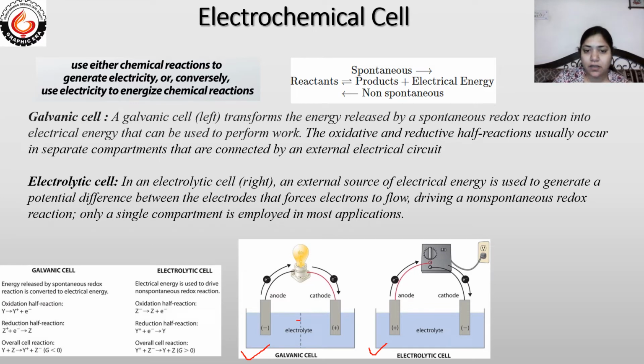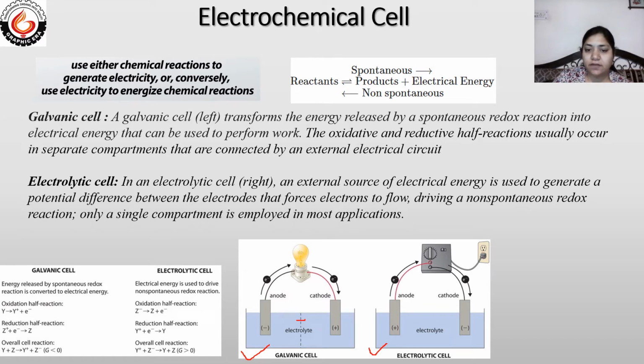Like in this, a semi-permeable membrane is here. In some cases, a salt bridge is there to connect the solutions to complete the circuit only. So we can use either a semi-permeable membrane to separate the oxidation and reduction chambers, or a salt bridge if the reaction happens in totally different chambers.